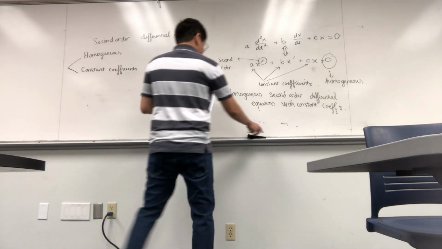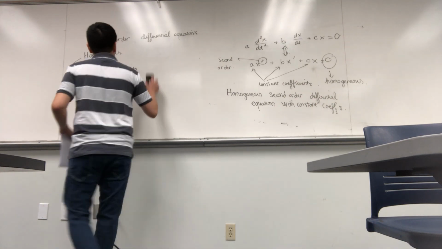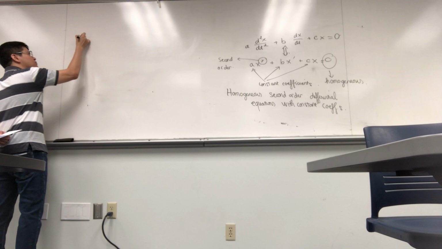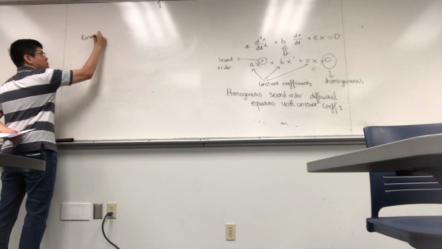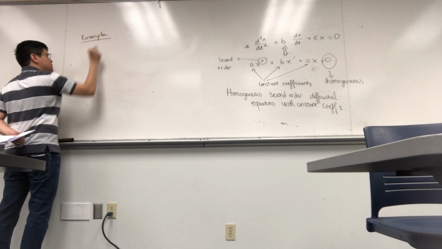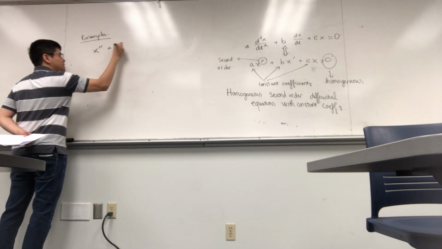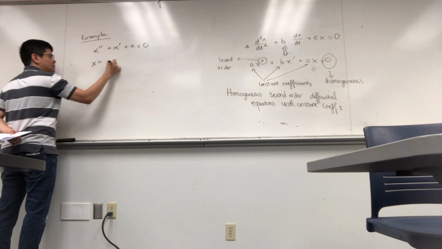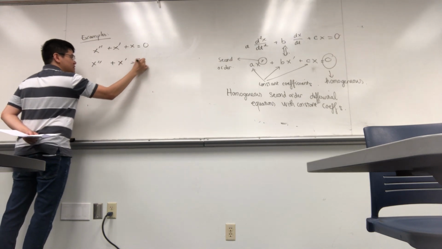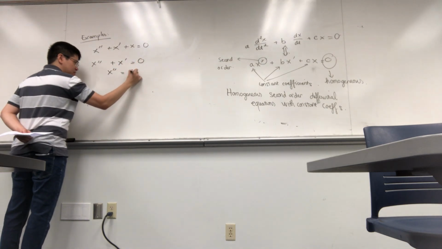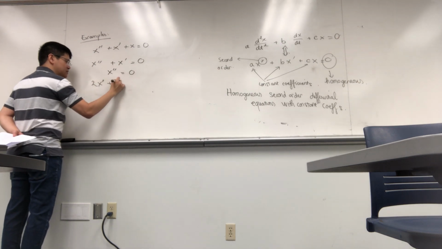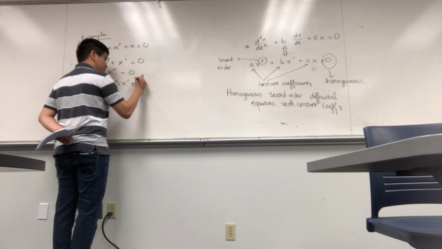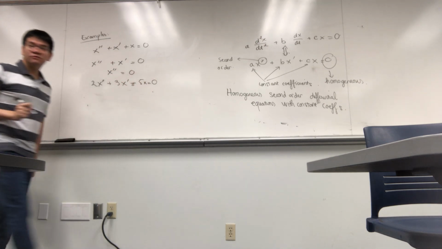One example for this: x second plus x prime plus x is 0, or x second plus x prime is 0, or x second is 0, or 2x second plus 3x prime minus 5x is 0.